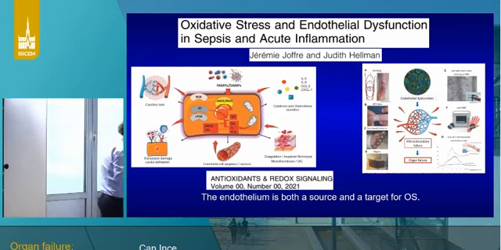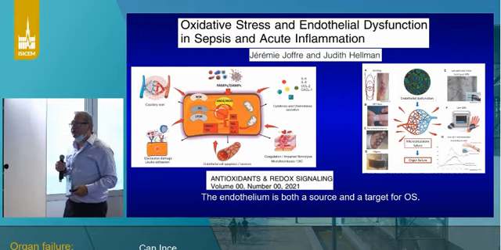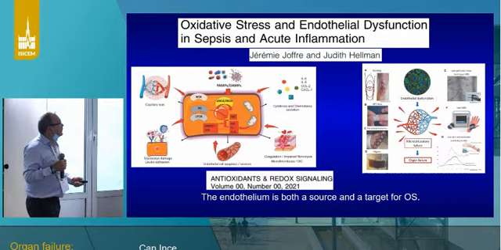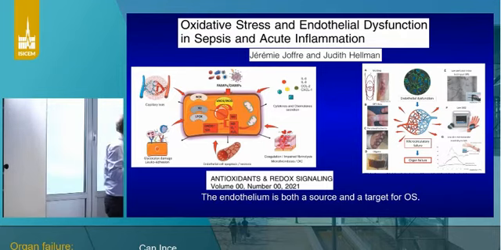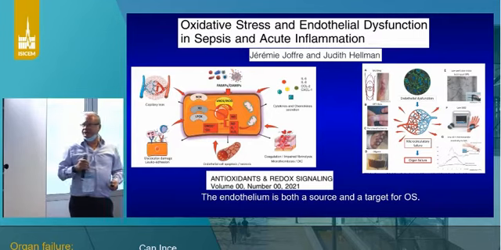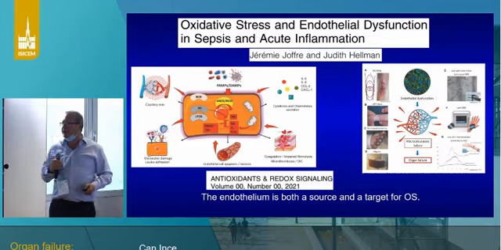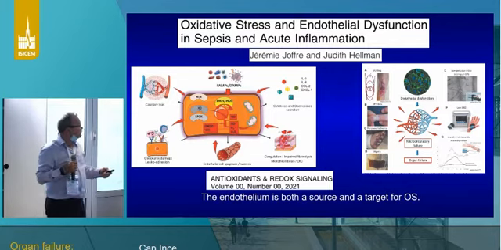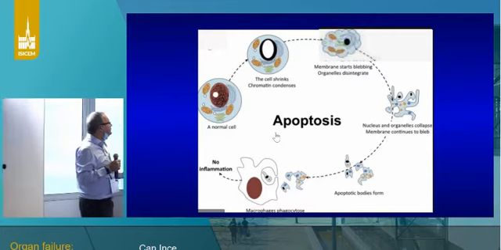And we know that there are various enzyme systems like inducible nitric oxide synthase, but also reactive oxygen species related to the mitochondria. And these have all sorts of effects on the respiratory chain and on the membrane potential of the mitochondria, which are all important functional aspects of that. I will show you that in a second.